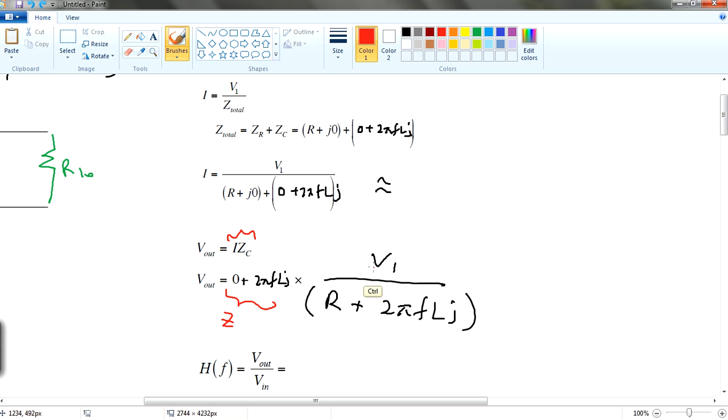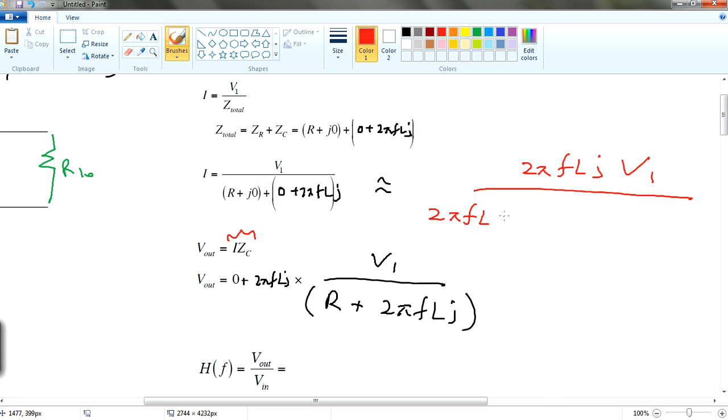If I multiply this in, I will have 2 pi FLJ V1 over R plus 2 pi FLJ. That's a pretty hairy thing now.